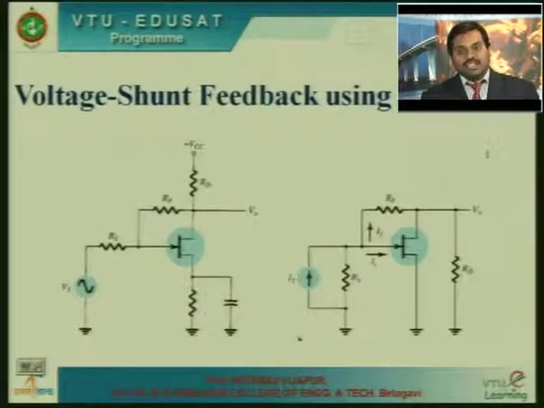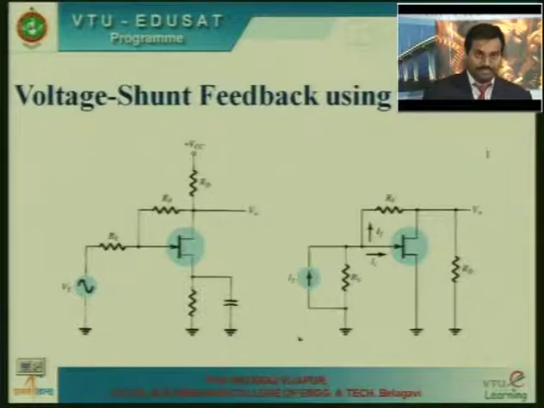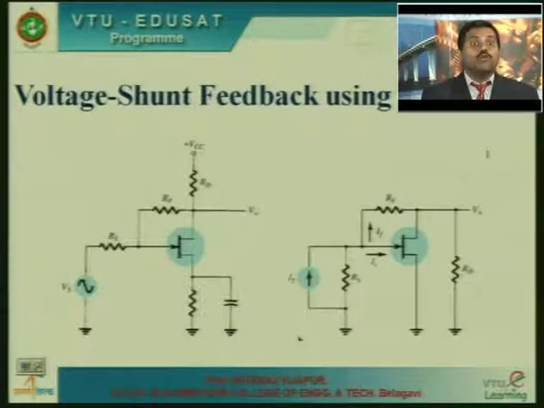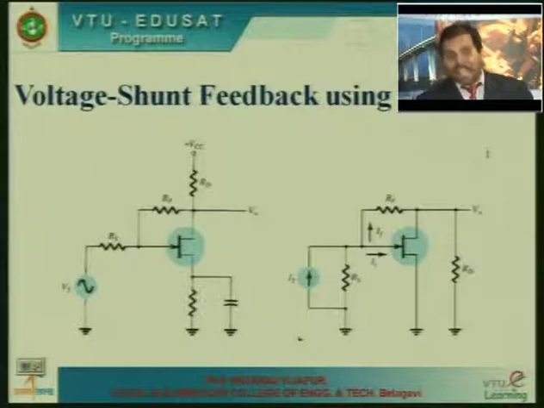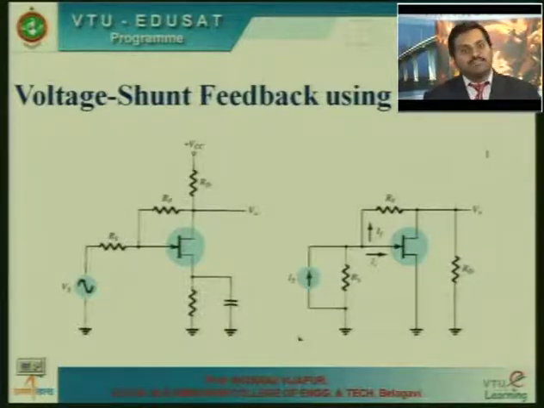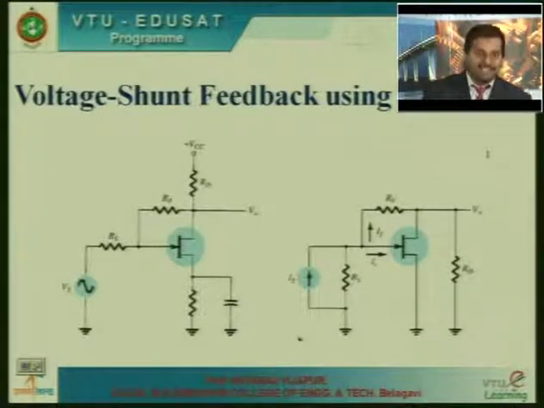Now, the example we have discussed is voltage shunt feedback using an op amp. The same concept we can carry over to FETs also. So this example is voltage shunt feedback using field effect transistors.